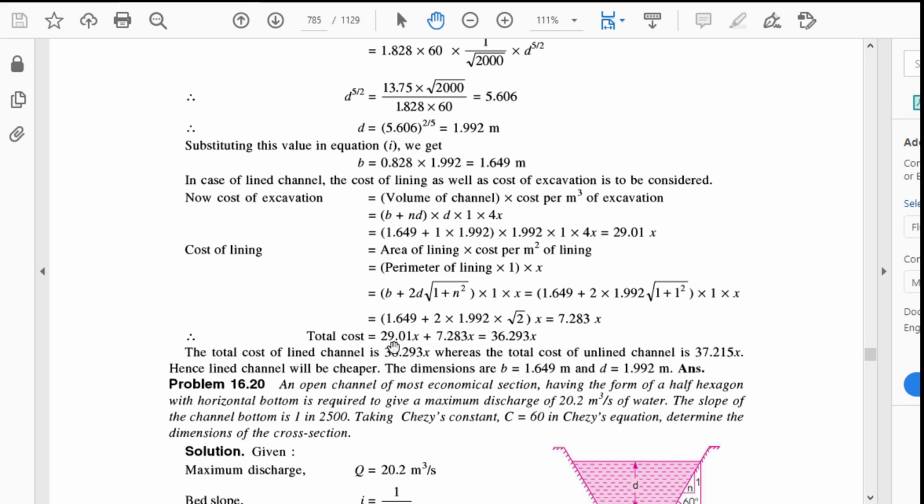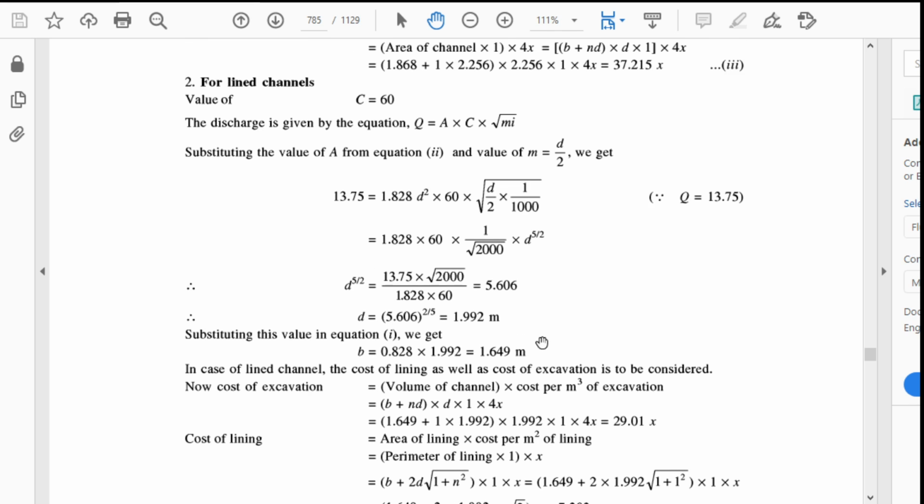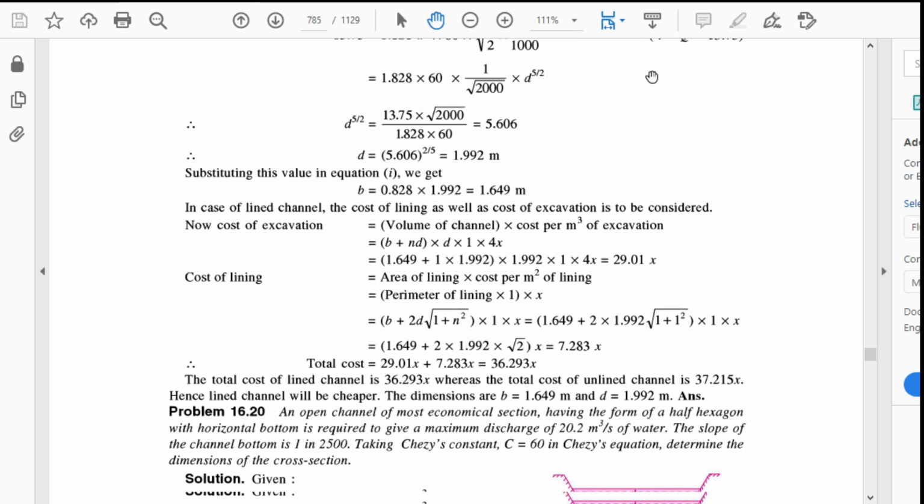Add 29.01 and 7.283, and you will get 36.293 x as the total cost of a lined channel. Comparing both costs, for the unlined channel it is 37.21 and for the lined channel it is 36.29.